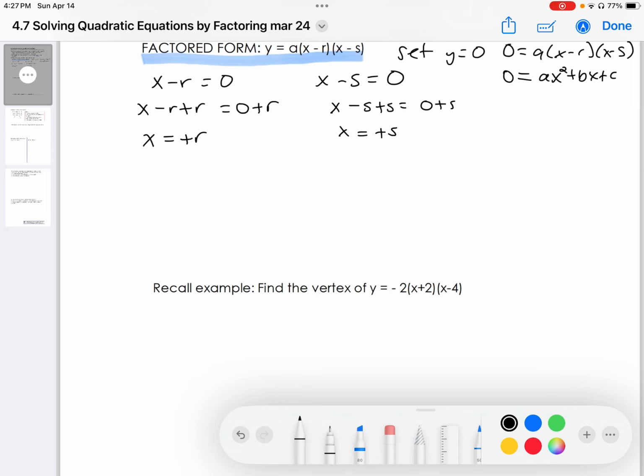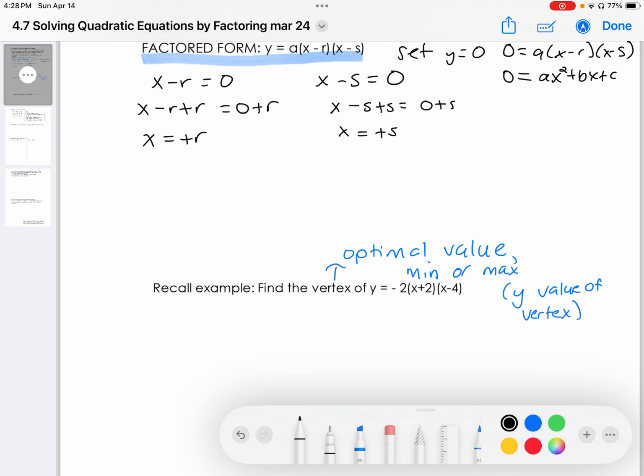So we are going to need the vertex this time because the vertex gives us the optimal value or the max or min, which is the y value of the vertex.